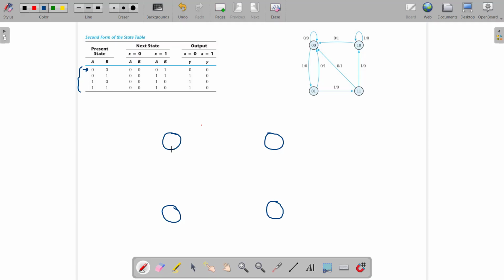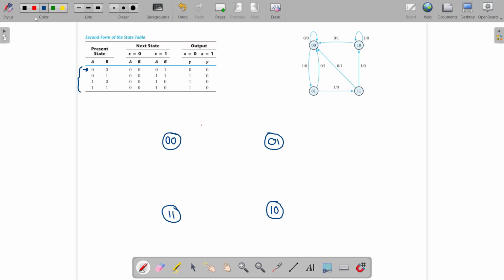It doesn't matter which combination you write in which circle. Suppose I start from this one, 0 0. This one, suppose I write 0 1. Another one is 1 0, and this one 1 1. Again, I emphasize that it doesn't matter which combination you write in which circle.